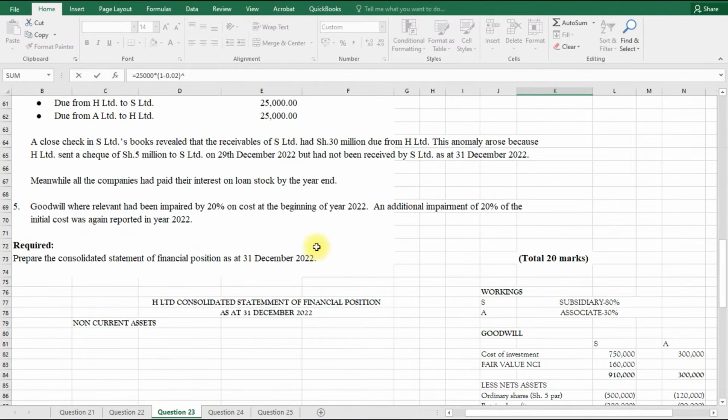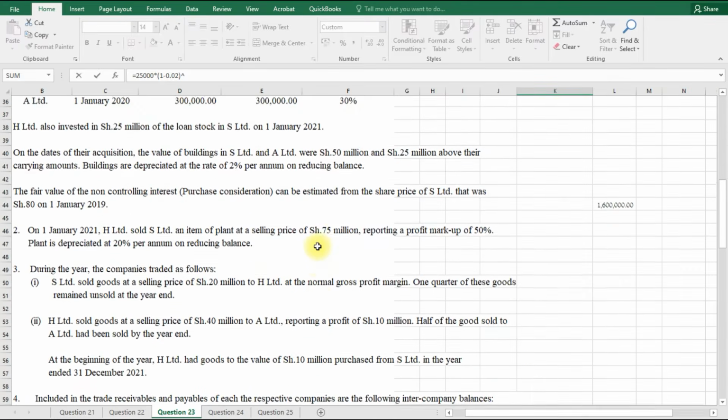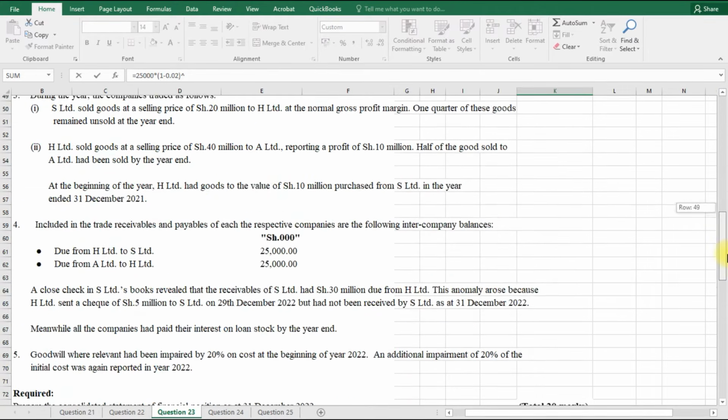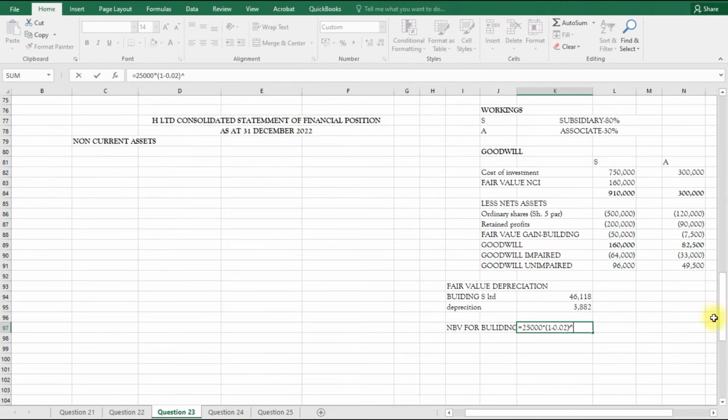When you look at the one for A, the date of acquisition, we acquired it in January 2020, 1 year after acquisition of S. It means this building we are depreciating for A will depreciate 2020, 2021, 2022, so for a period of 3 years. So I will raise to power 3 and I enter.